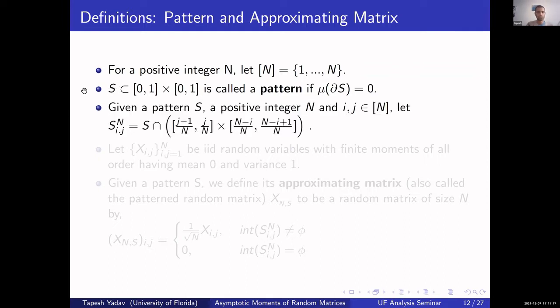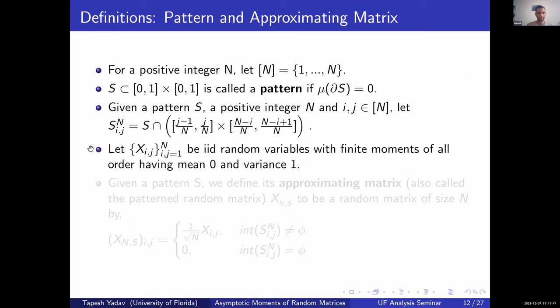So given a pattern S, a positive integer n, and i, j inside [n], let S_ij^n equal the pattern S intersected with a small square, given by the product of the interval (j-1)/n, j/n with (n-i)/n, (n-i+1)/n. Let x_ij be IID random variables with finite moments of all orders, having mean 0 and variance 1.